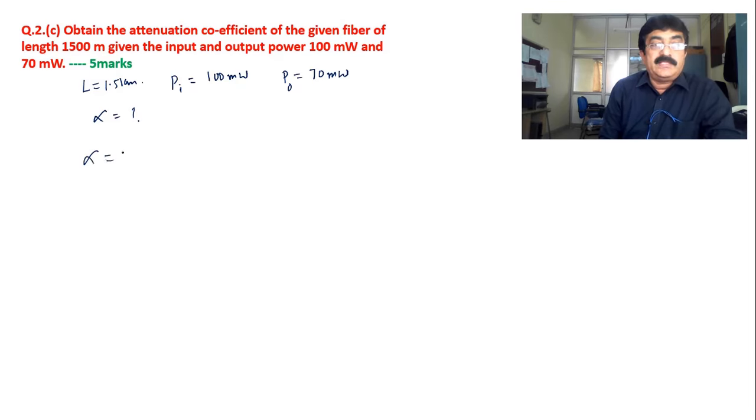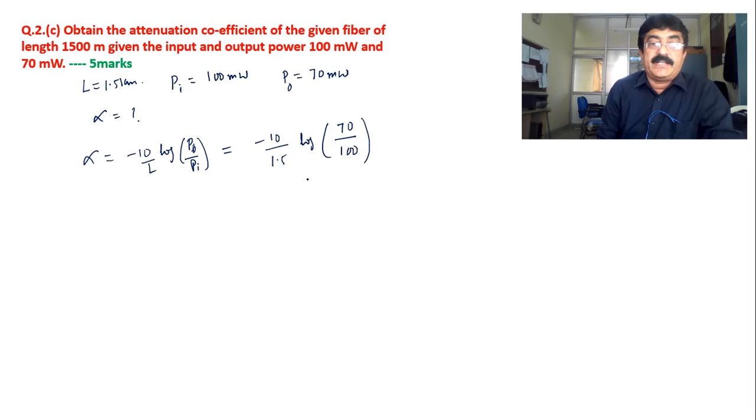So alpha is equal to minus 10 by L into log of P output divided by P input. Okay, so that is equal to minus 10 divided by 1.5 into log of P output is 70 milliwatt divided by input is 100 milliwatt.